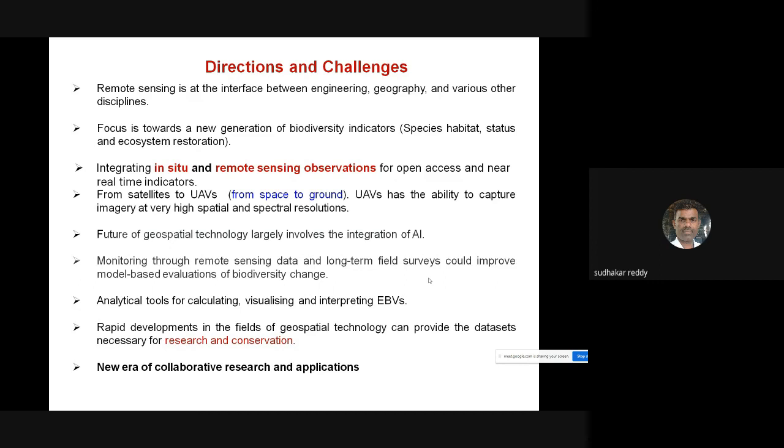As this is a cross-disciplinary field of research and conservation, we need collaborative research and collaborative efforts in fulfilling all the conservation goals as well as the sustainable development goals, to minimize the damage to biodiversity and also to improve the status of biodiversity in the country as well as for the whole world.